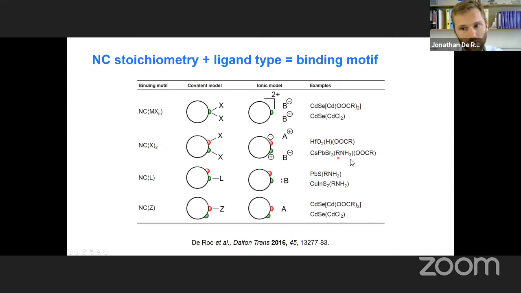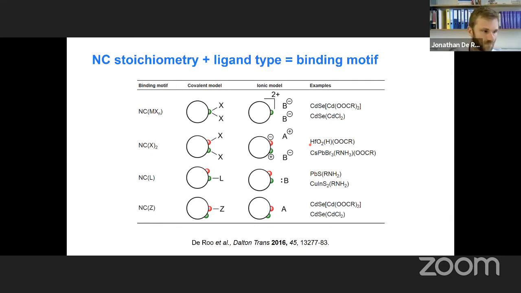And so this ammonium ligand is actually interacting with the surface. It's not just a counterion in the case of cesium lead bromide. And there, this is a hydrogen bond or an ionic interaction. So here the ionic model is a bit easier because you just say, well, we have a charge neutral core with a combination of a charged acid and a charged base.